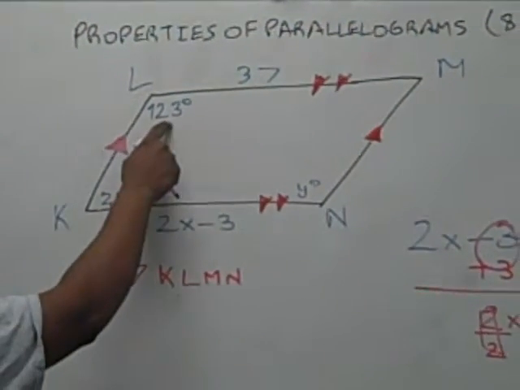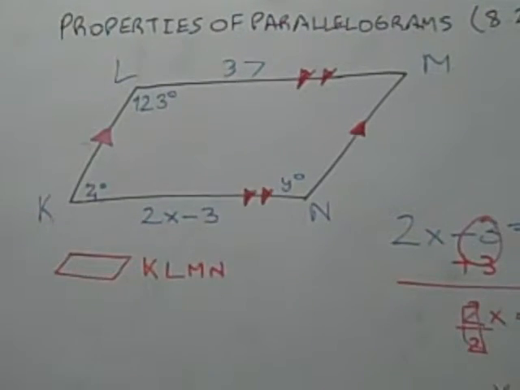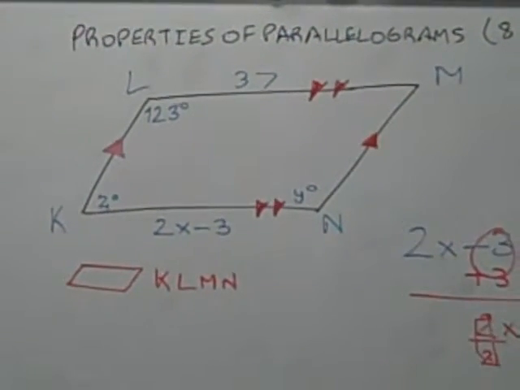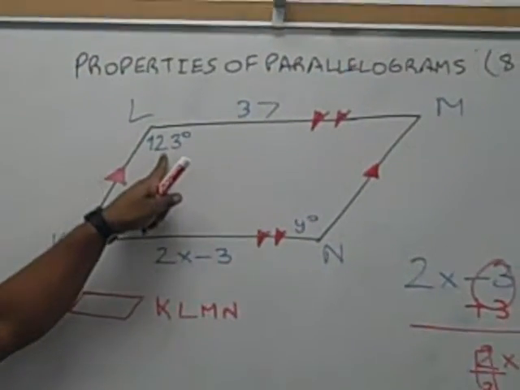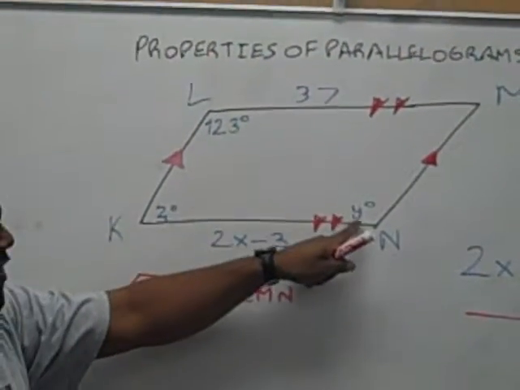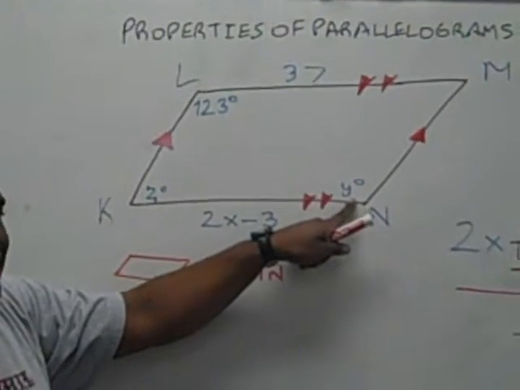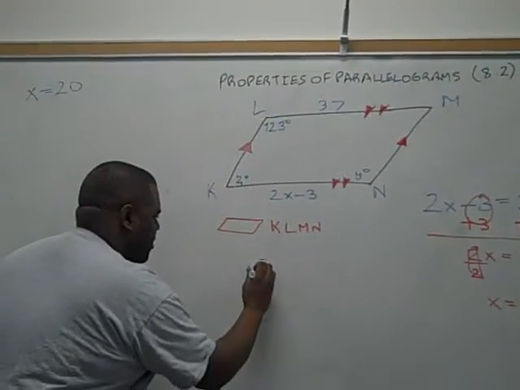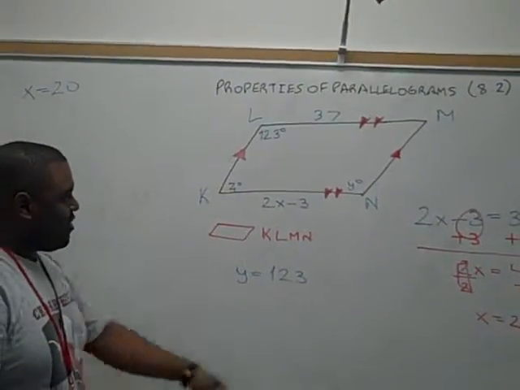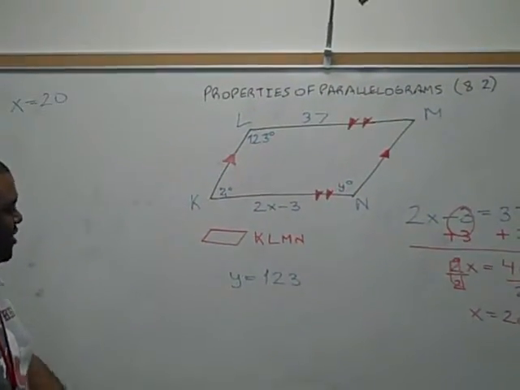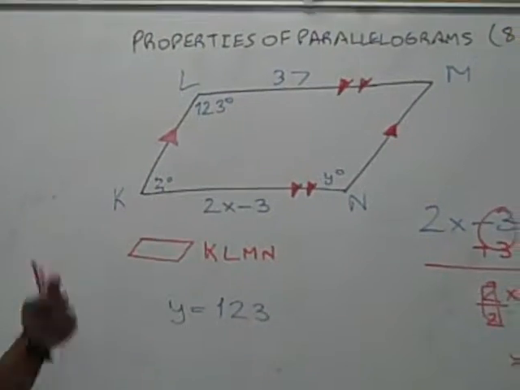You remember that this angle and this angle are not only opposite, but they're also congruent. So all we gotta do is take this being 123, this being y, set those equal to each other, and we're already done, because there's no algebra, no solving for anything. We just set y equal to 123, and we were done.